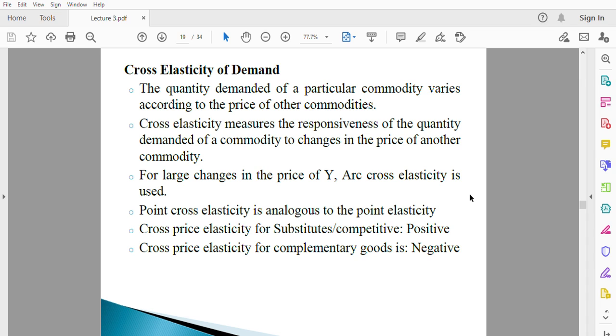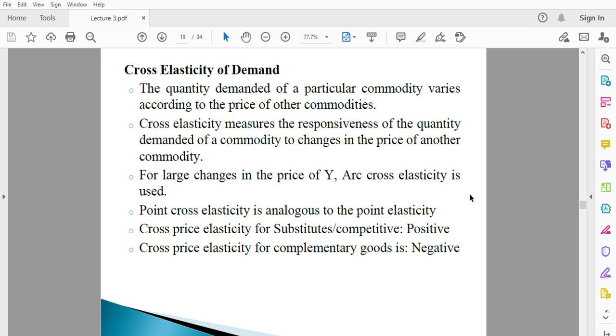That is cross elasticity. Point cross elasticity is analogous to the point elasticity we talked about. But to note, cross price elasticity for substitutes, anytime we calculate it, we will get a positive figure.